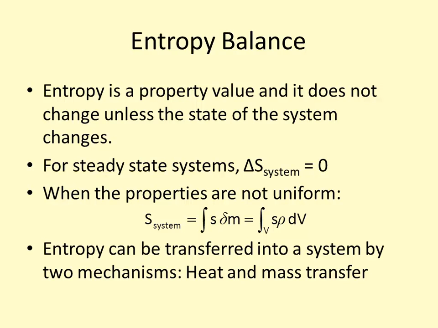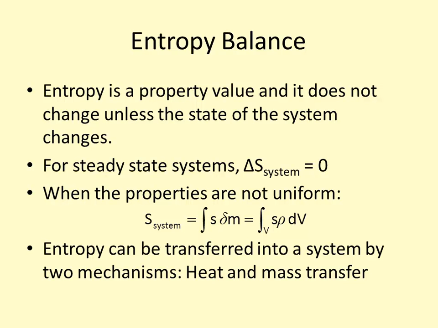We will, however, have entropy coming in and out of the system. So we'll talk about that a little bit later. If we have uniform flow, then we can just assume that the properties of the inlet are some constant value. Again, we look that up in the table. If it's not uniform, then we find some average property value, and sometimes we have to average over the cross-section. We don't do that in this class. In further classes, we would.